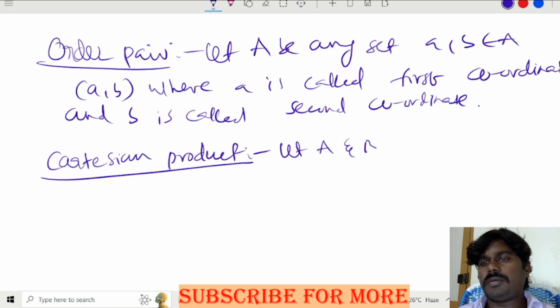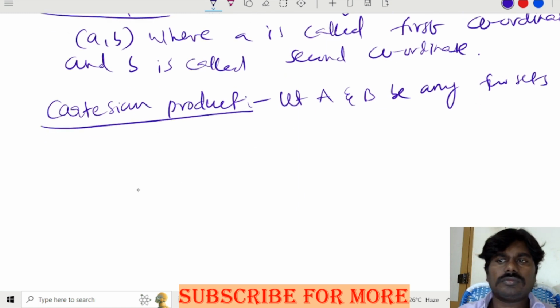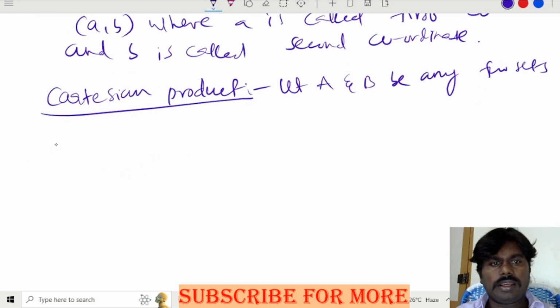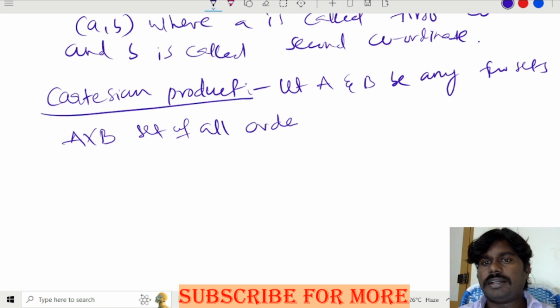Let A and B be any two sets, and the Cartesian product of the two sets A and B is denoted by A cross B, and it is defined as the set of all ordered pairs.